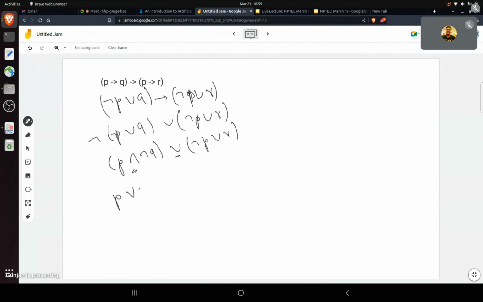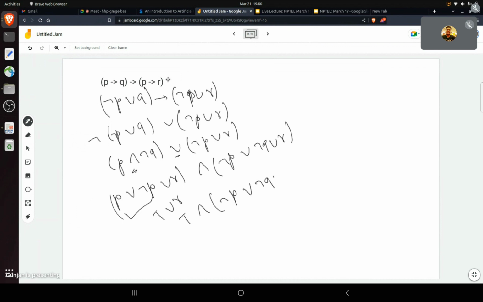So we will get P or not P or R, and not P or not Q or R. So this will resolve to true, or R. This will resolve to true, and true and not P or not Q or R will result simply to not P or not Q or R.